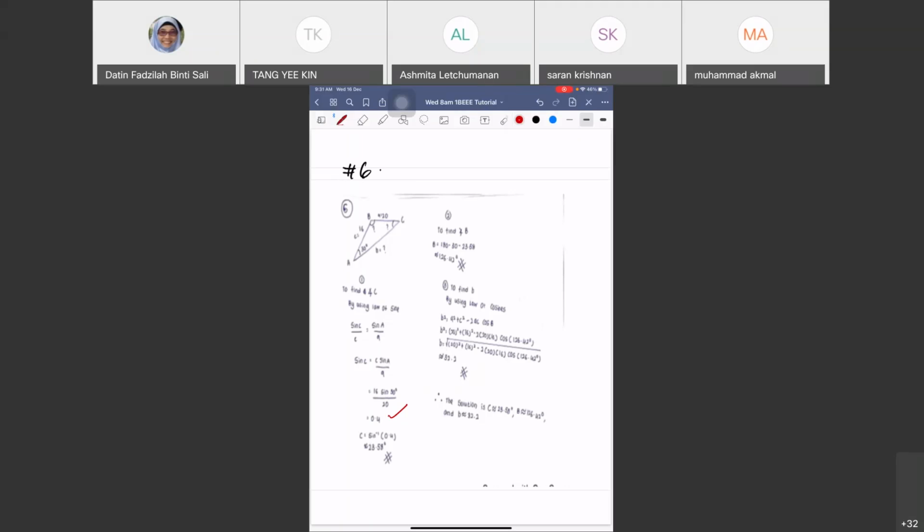Okay, so sine inverse 0.4. Okay, so you got 24, to the nearest degree. Either 23.58 or 24 can. All right, so this is one. So another angle that you need to consider.